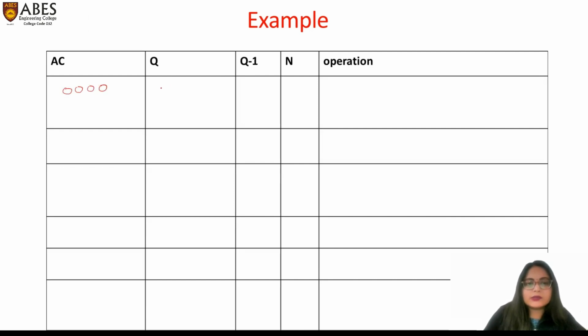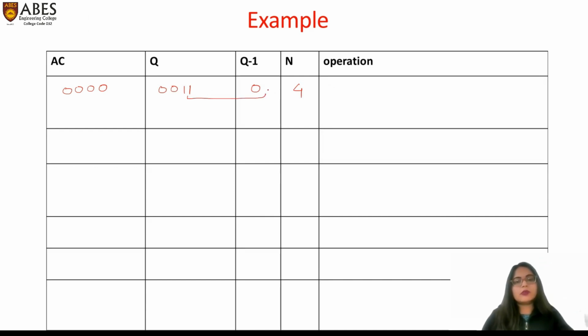For Q it is 0, 0, 1, 1. Q minus 1 will be 0. Which operation will be performed first? The operation will depend on the values of Q naught and Q minus 1. Q naught is 1, Q minus 1 is 0. So the combination becomes 1, 0. That tells you that A minus M will take place.